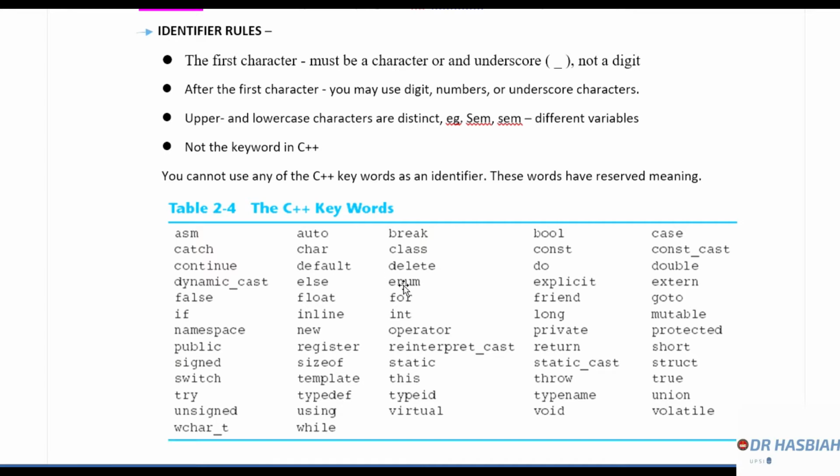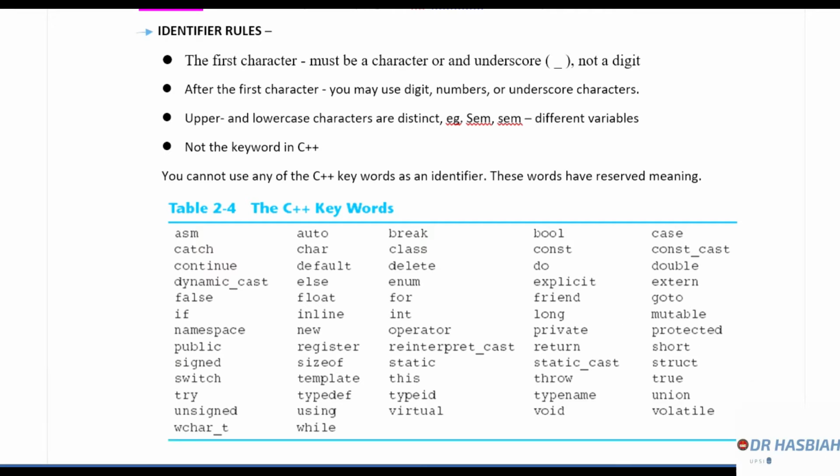You don't have to memorize the keywords, but they will come up when you learn any topic, and I will mention that this is a keyword, so you cannot use it as an identifier. Let's say you have for, int, if, false, true, and void. These are all keywords in C++. So make sure you don't use any of these keywords as an identifier.